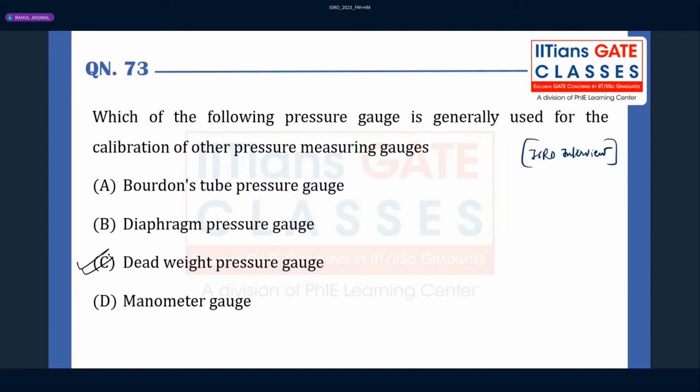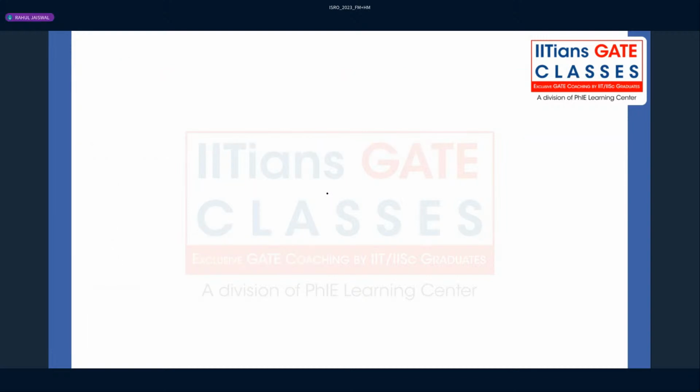Of course, C is the right answer. Nobody can deny that, but why is that answer correct, why not the other answers, and what is the working principle of the other instruments? Because the barometer you know, the piezometer also you know, right? The next thing we will discuss is the Bourdon tube pressure gauge. Note it down first.